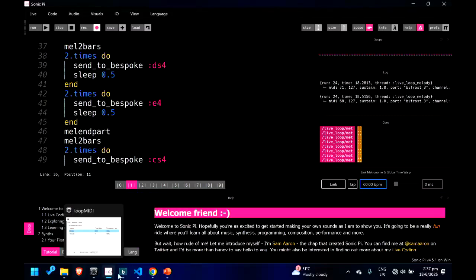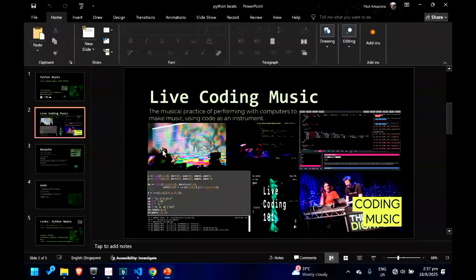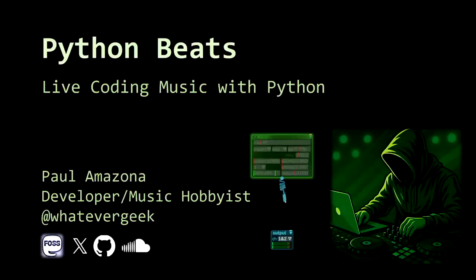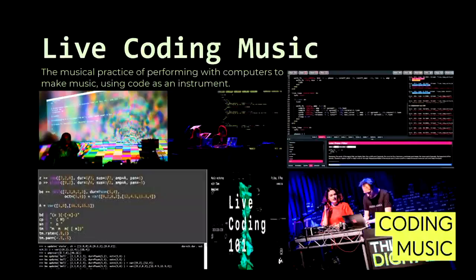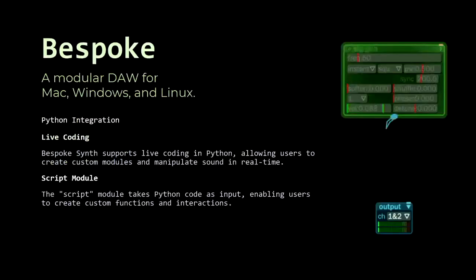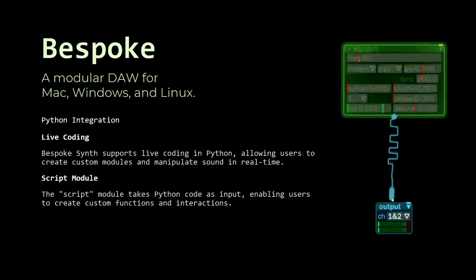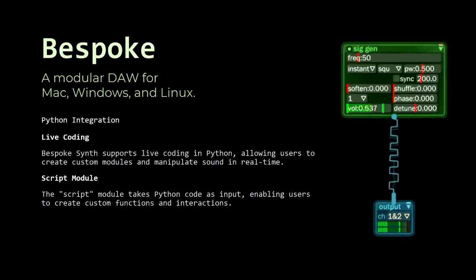That software is called Bespoke. Bespoke is a modular DAW, and it runs on various operating systems: Mac, Windows, and Linux, and it's also open source, which is one of the things that I like about it.